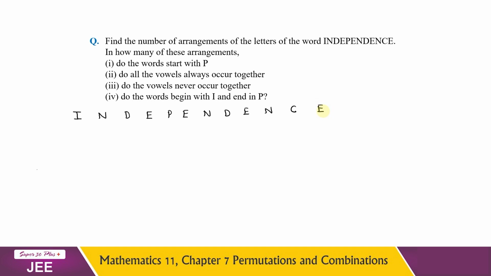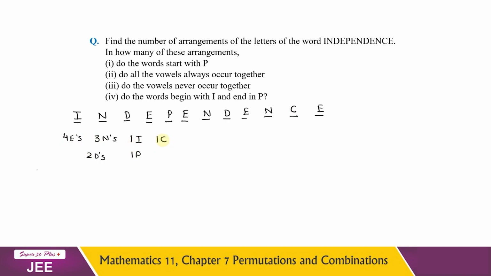I have written it down in such a way so that we can see the different types of letters in this word and whether they are repeated or not. So we have 1, 2, 3, 4 E's, and then 1, 2, 3 N's. Then we have an I, 2 D's, 1 P and 1 C. So in all we have 4 plus 3 is 7, plus 2 is 9, 10, 11 and 12.